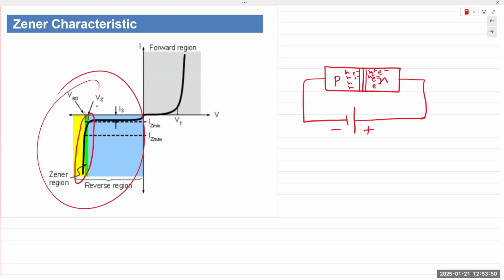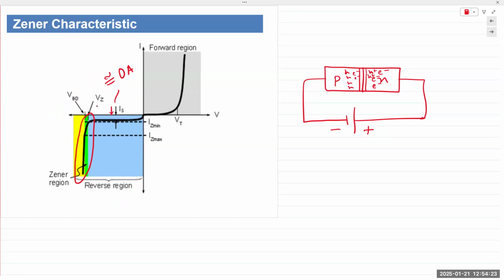Because of the heavy influx of charge carriers crossing the junction in reverse bias, a current is established. That current is independent of the voltage, meaning until a certain voltage level is reached, your current is almost equal to zero. After that threshold voltage is crossed, the heavy current starts flowing and the voltage remains near constant.